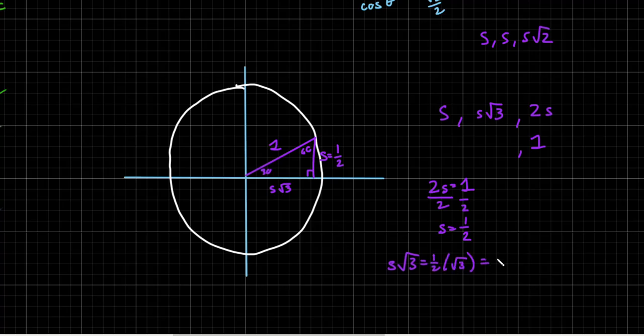What would that equal? Square root of 3 divided by 2. Yep, we're just putting it all together. So this side over here is square root of 3 divided by 2.